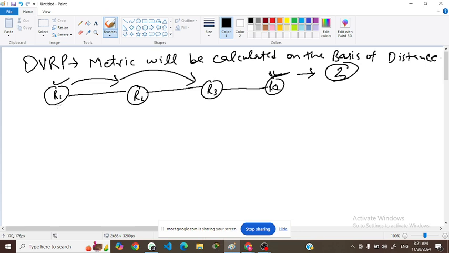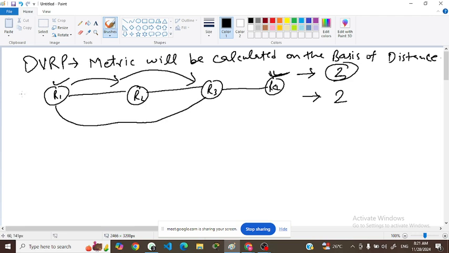Suppose we have another path, R1 to R3, and we are sending the packet from this path, R1 to R3 and R3 to R4. What will be the cost?